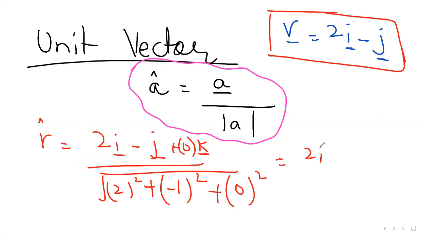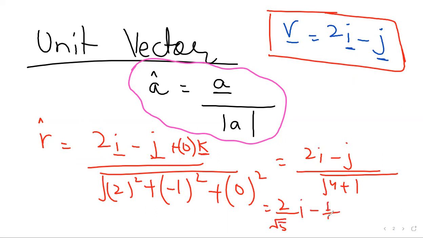It will become (2i minus j) upon the square root of 4 plus 1, which is root 5. So it becomes 2 upon root 5 of i minus 1 upon root 5 of j. It will be the unit vector. I hope it is clear. I'm just putting it in a box.